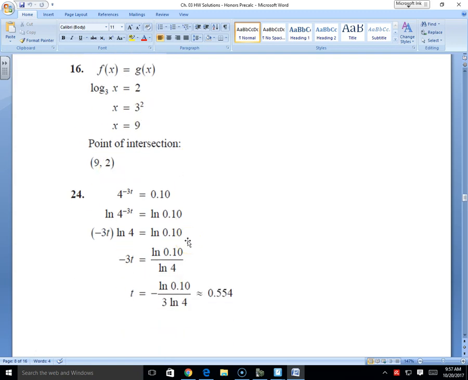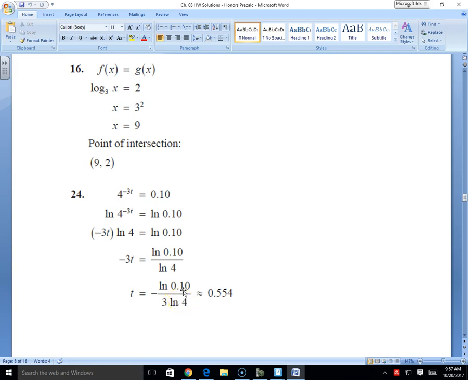Number 24. Could you have done log base 4? Yes, of course. But would your decimal have matched at the end? Yes. You would have had log base 4 of 0.10 divided by 3 with a negative in front.